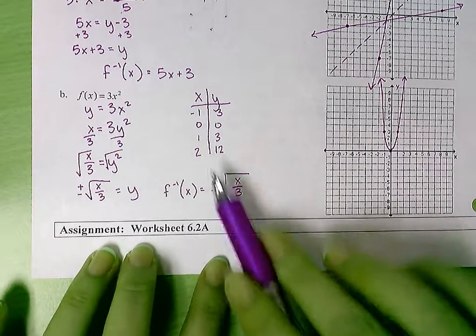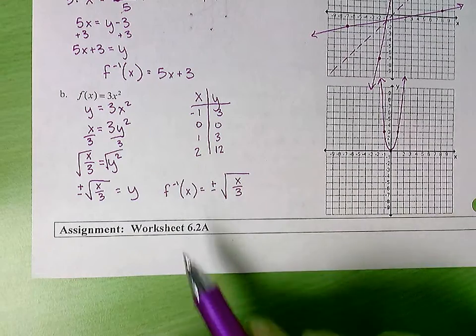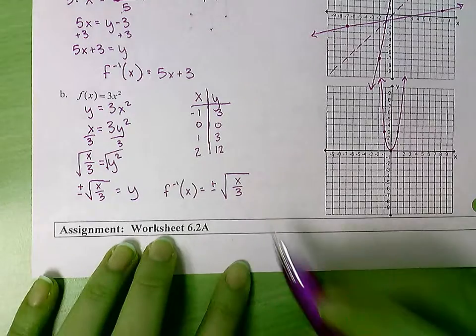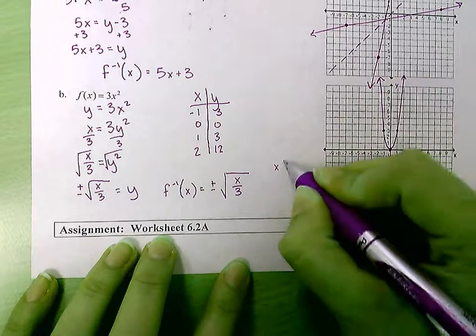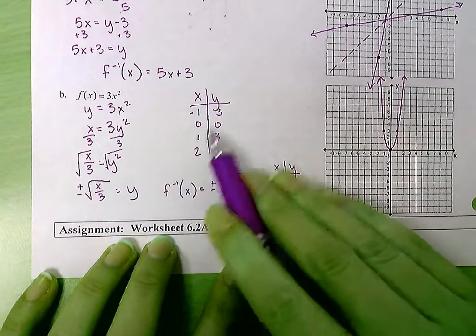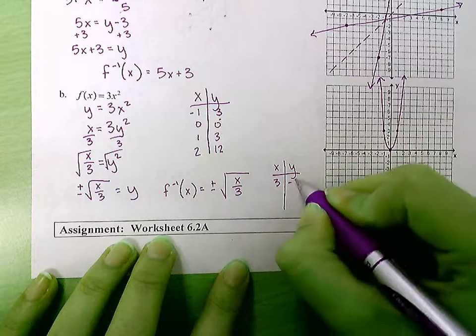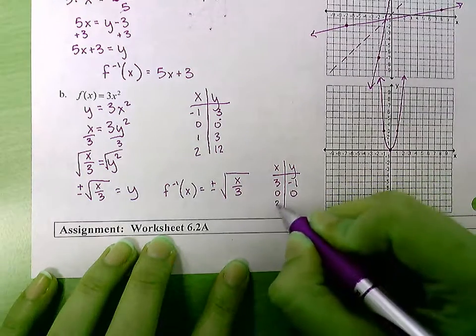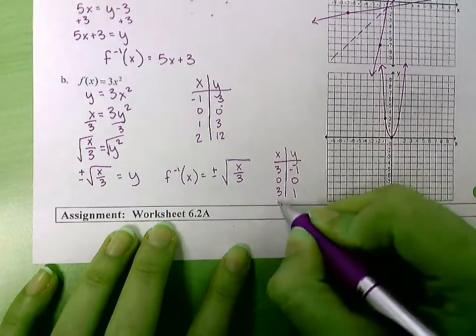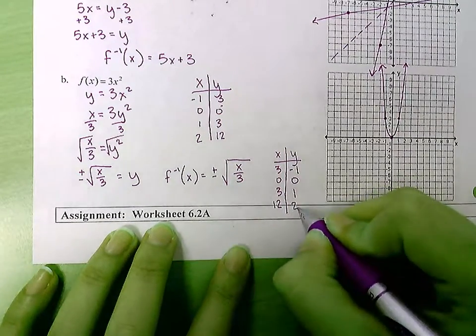All right, so then I want to graph my inverse. So again, for your inverse, your x and y values just flip-flop. So if you do want to write those out so you don't get lost, you'd have 3, -1, 0, 0, 3, 1, and then 12, 2.